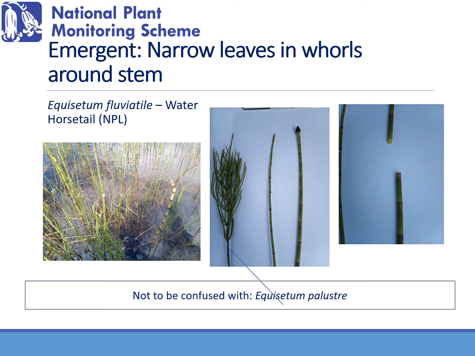These plants look superficially similar again in that they tend to comprise upright green stems, but the stem is subdivided into little sections which are marked by darker and lighter bands, and you can see that particularly in the picture on the left, where if you look at the right of that picture you can see the dark bands up the green stem.